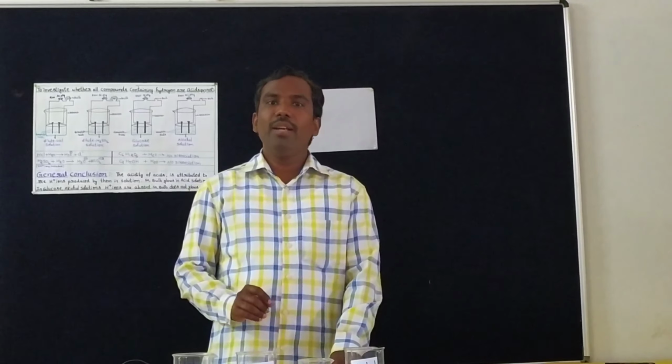Similarly, we can take one more solution, that is H2SO4 solution. When we dip these two wires into H2SO4 solution, in this case also the bulb glows. From this we can conclude that H2SO4 solution liberates H plus ions and SO4 minus 2 ions in water.